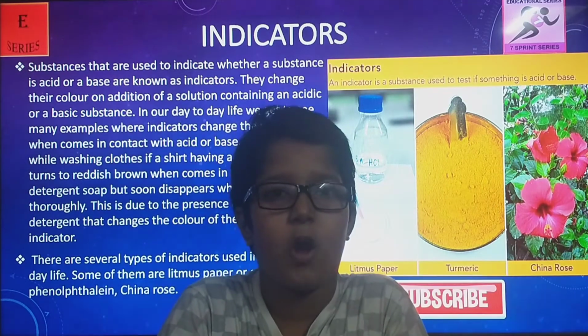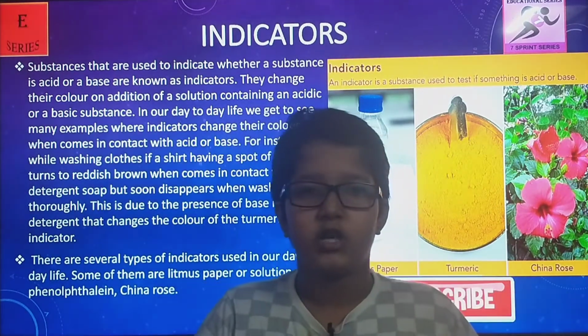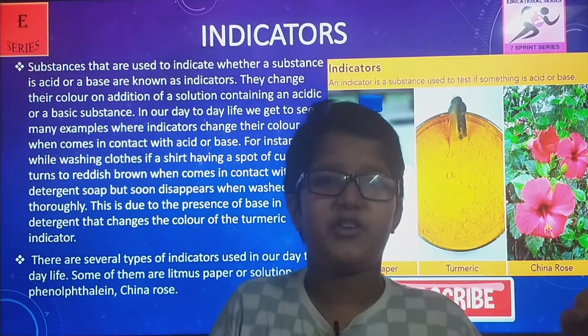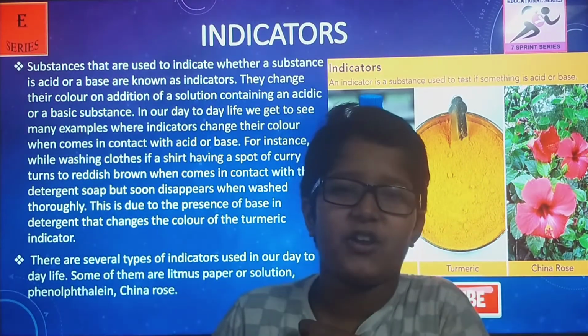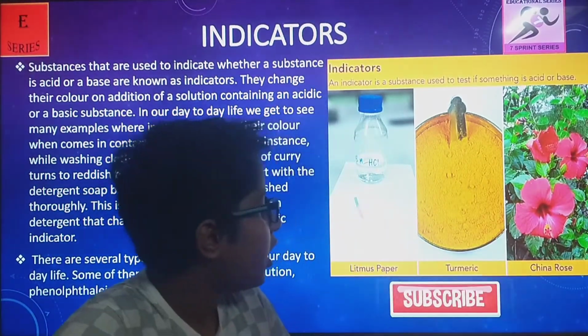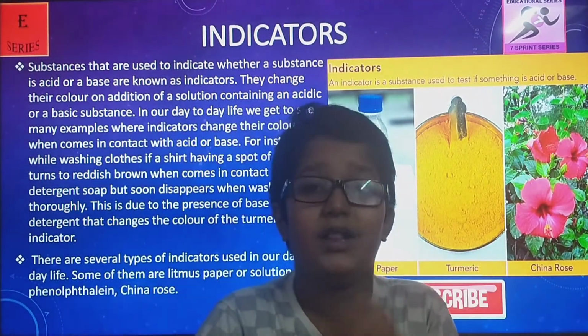Now, for example, you went to a wedding and you were eating a lot of curries and a lot of paneer, and some fell on your shirt, and it was a white shirt or any color shirt. So that contains turmeric, haldi, as you say.